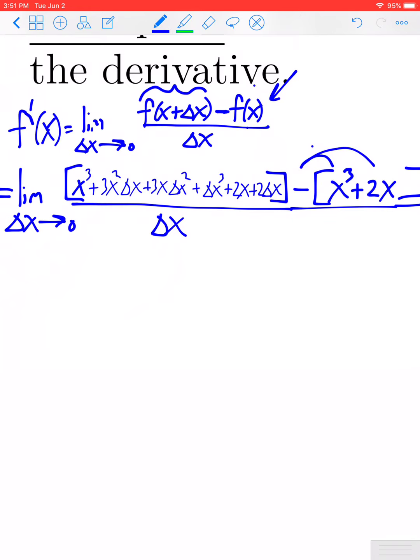And now we're going to go ahead and distribute and see if we can simplify to take this limit. This is the limit as delta x approaches 0.